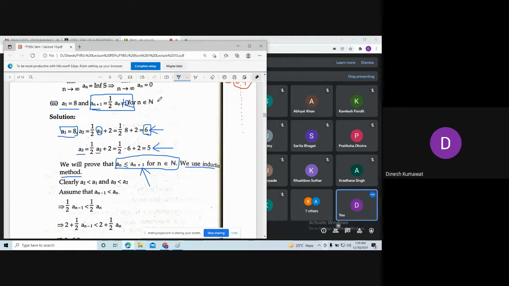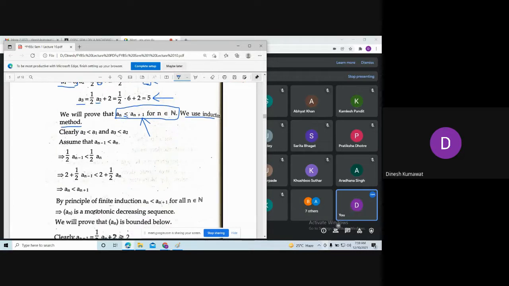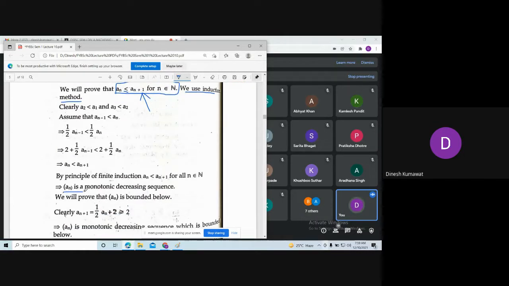Okay, if you are able to show that this sequence is bounded below, then you can conclude it converges to its infimum. So here using induction you are going to show this sequence a_n is monotonically decreasing. Now we will prove a_n is bounded below. Once we have done that, then we can conclude this sequence is convergent. In fact, it is converging to its infimum.